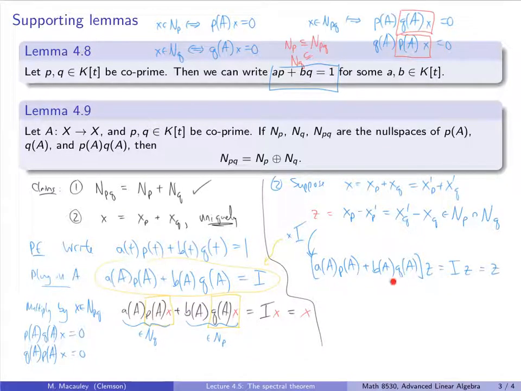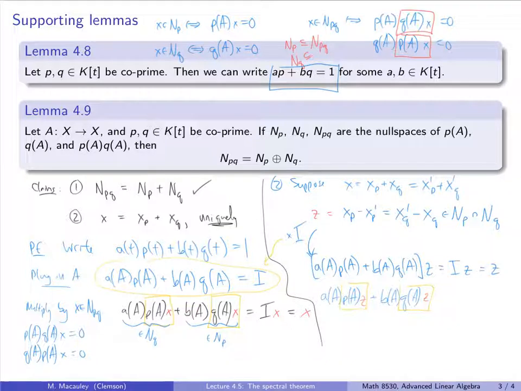So what happens here? Let's break this into two parts: a of A, P of A times z plus b of A, Q of A times z. Now remember, z is in both of these, so z is killed by P of A and by Q of A. So that must be 0, and that must be 0.